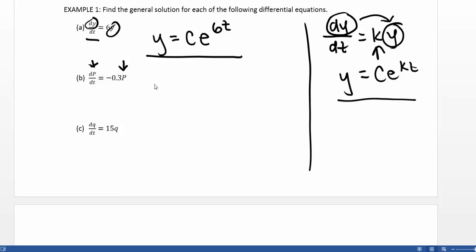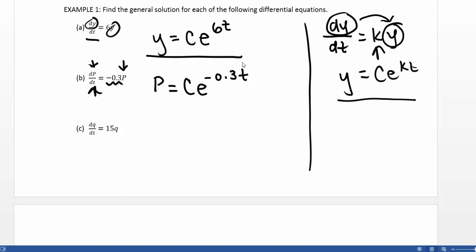Because my dependent variable is p, it's going to be p equals ce to the negative 0.3t, since my k is negative 0.3 and my independent variable is t. It's really important that our variables match the model. We don't want to always use y and t. We want to use whatever is given in the problem.